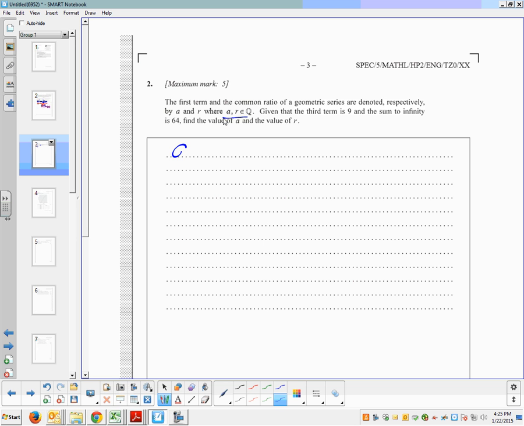So I've got u3 equals a r squared, and s infinity equals a over 1 minus r, and u3 is equal to 9, so I've got ar squared is equal to 9, and a over 1 minus r is equal to 64.